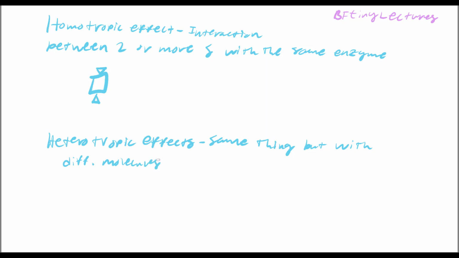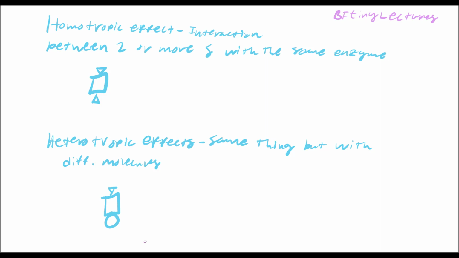Okay, so let's use our box again. And right now we're going to have a triangle and maybe a circle. So now we have two different substrates attached to our enzyme.